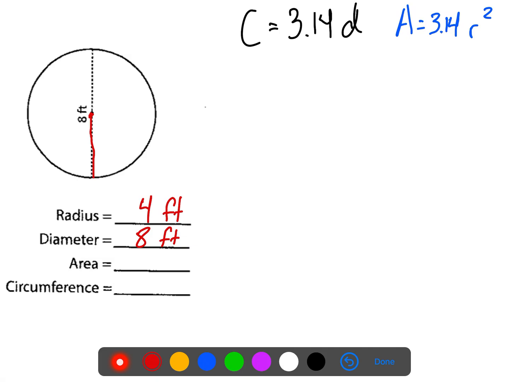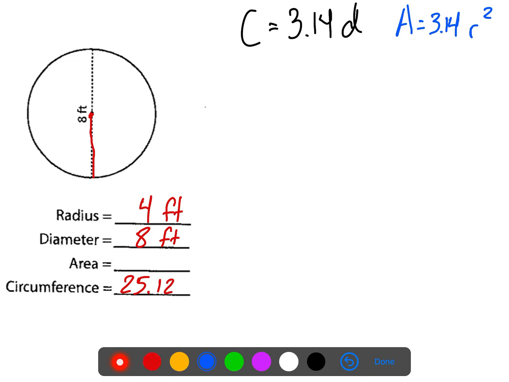And we're going to use one of those to find the circumference and one of those to find the area. First, let's find the circumference. So we'll take 3.14 times the diameter of the circle, which is 8. If we do that calculation, the circumference is 25.12.